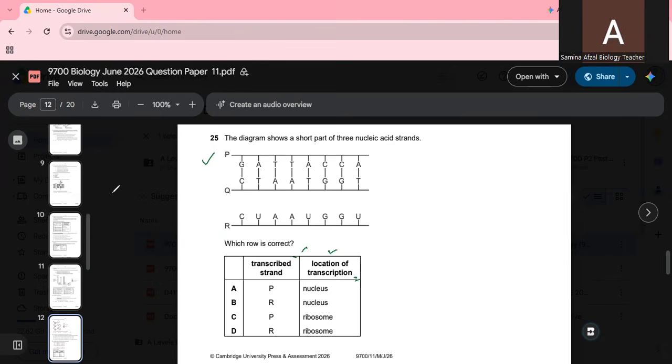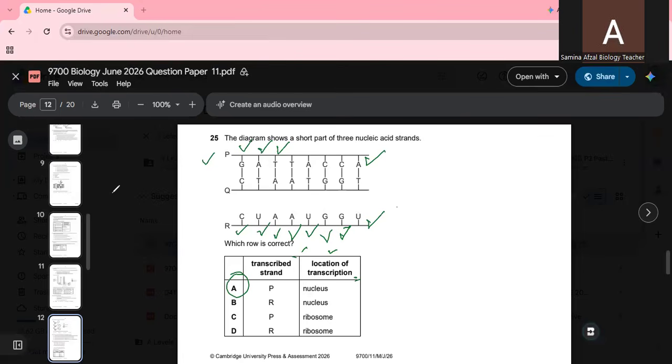location of the transcription, you can see guanine, cytosine, adenine, uracil, thymine, adenine. So according to this, G pairs with C, A with U, and T with A, and A with U, and C with G, and C with G, and A with U. So A is the correct option.